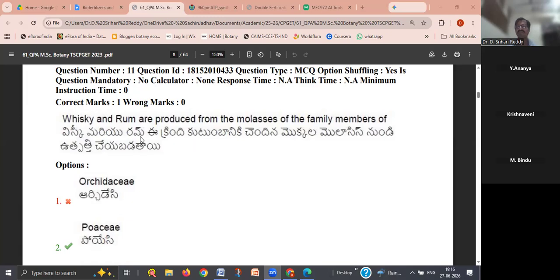So they are made from barley. Whiskey is made from sugarcane. Okay, in the sugarcane industry, while making sugar, molasses is the byproduct. From that, whiskey is made. Okay, from barley, after distillation, rum is made. So these are the products of the distillation of the molasses.